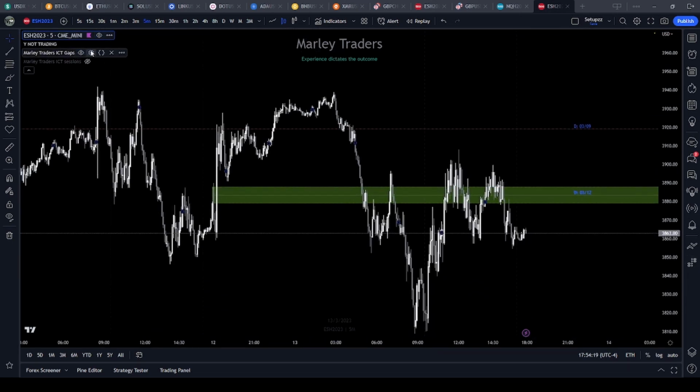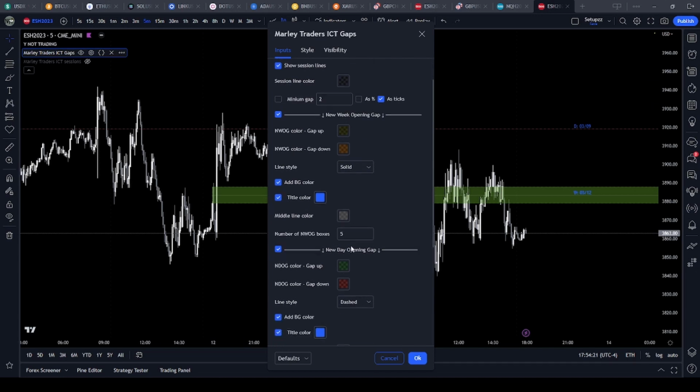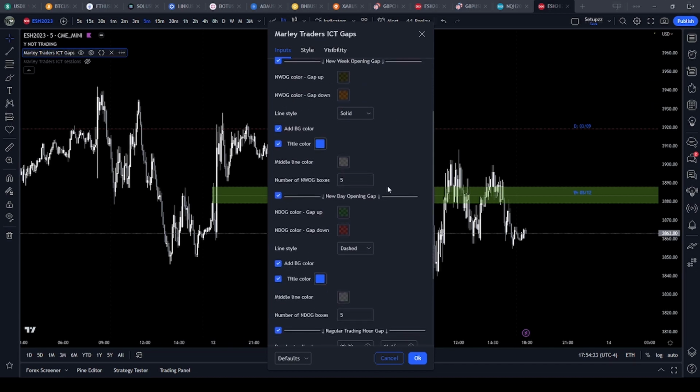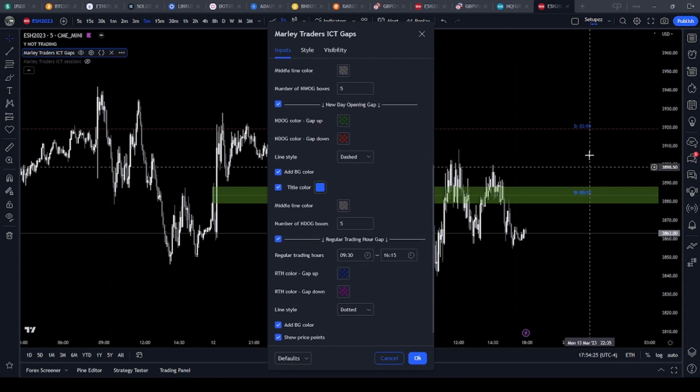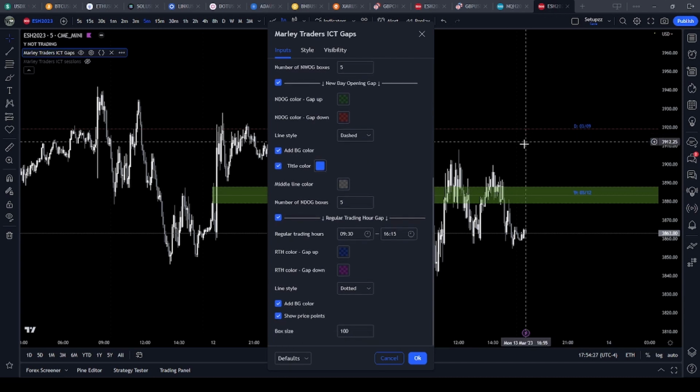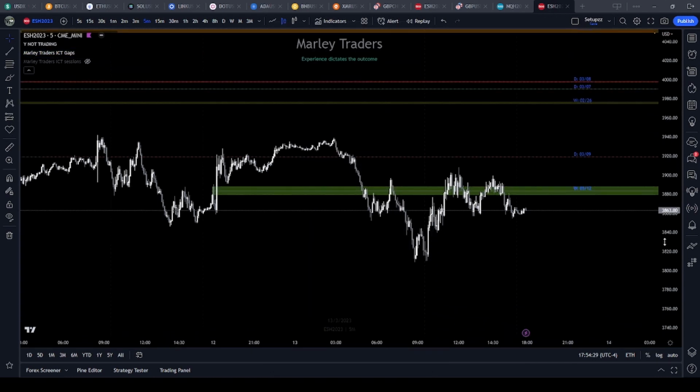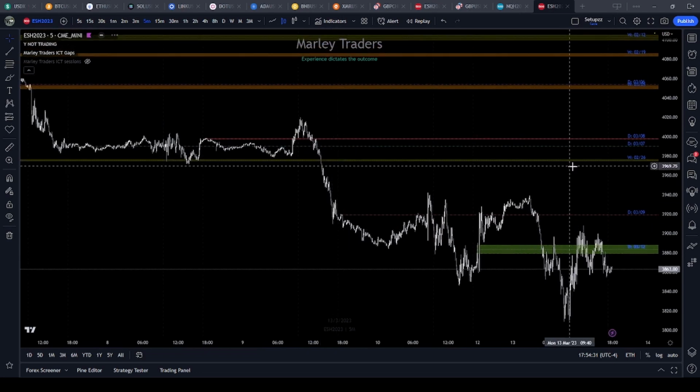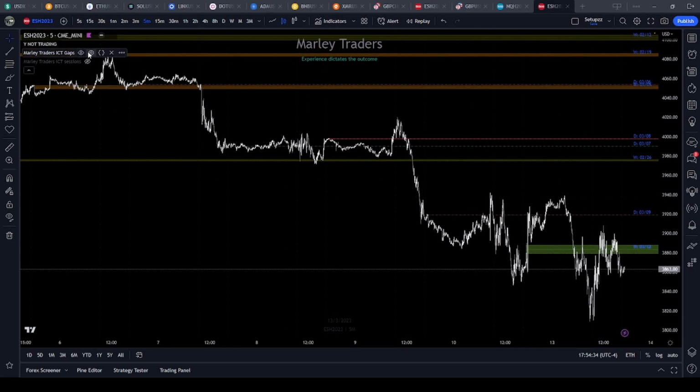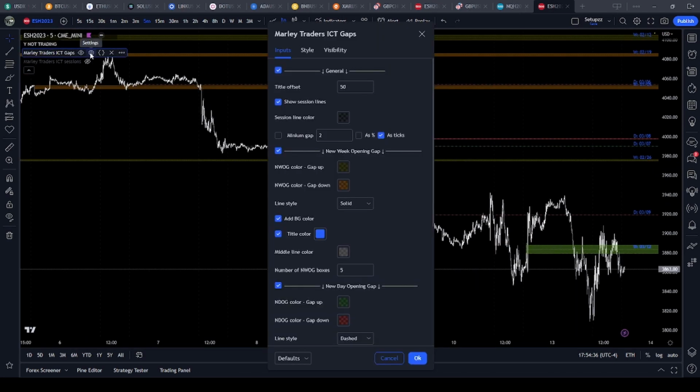If you go in here, you can customize all those things yourself, the color and everything. So now let's see what we see last week. If we go to the settings, how many should we put?